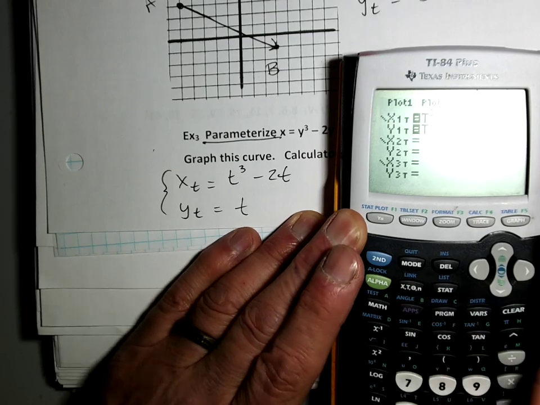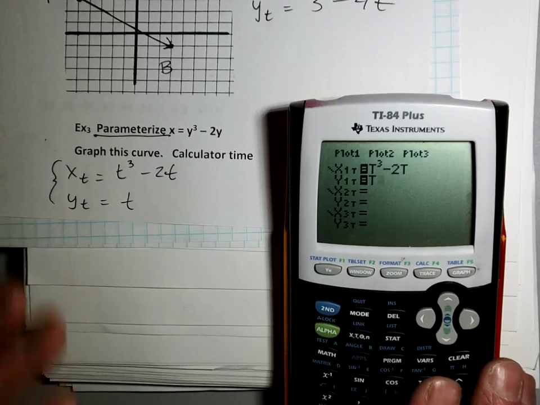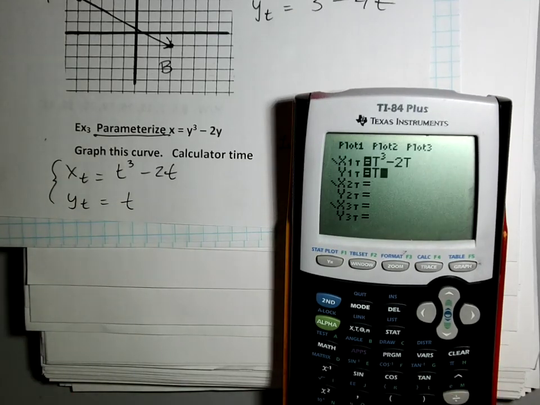So before I hit enter, here's what I have. If I wanted to graph x equals y cubed minus 2y, you can't. You cannot graph this. But if you change it into parametric, you let y equal t, and you substitute t in for y, and you'd be able to graph this and see what the curve looks like, okay?